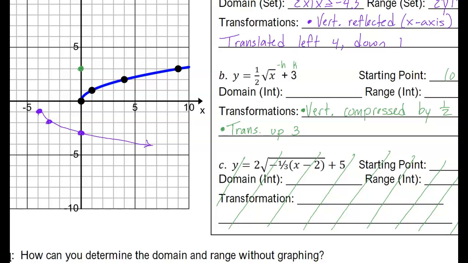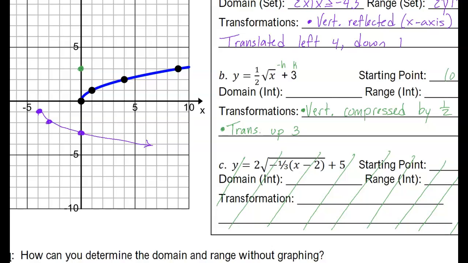So where's our next perfect point? On your table, we're looking for 2 whole numbers for x and y. Where's the next perfect point? I didn't graph this. I didn't put it in my calculator.